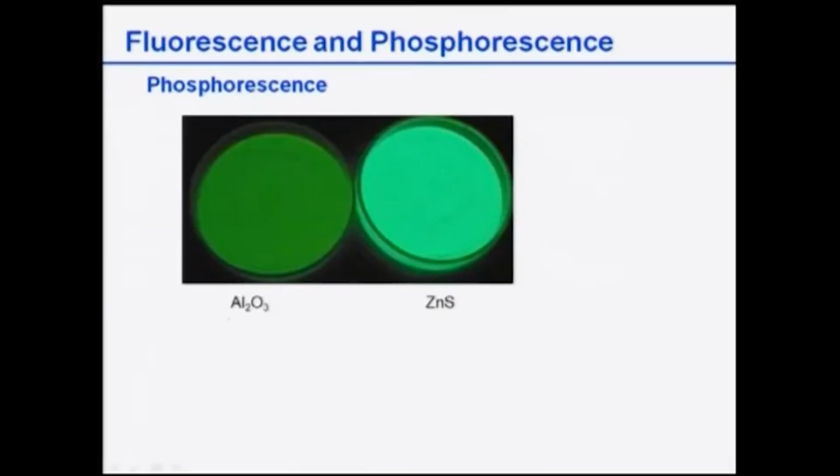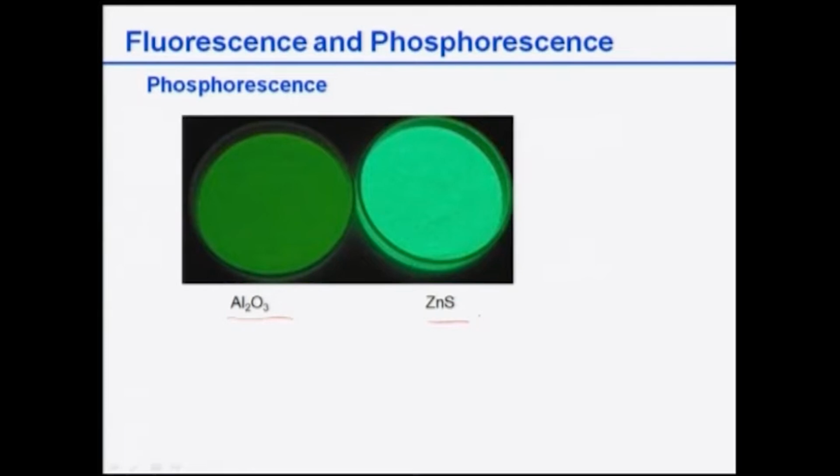When these electrons, like photons, fall on this phosphor screen, they excite electronic transitions, and once the electrons come back from the excited state to the ground state, they emit radiation. What is shown here is aluminum oxide and zinc sulfide, ZnS, on a petri dish kept in a dark room and then imaged.